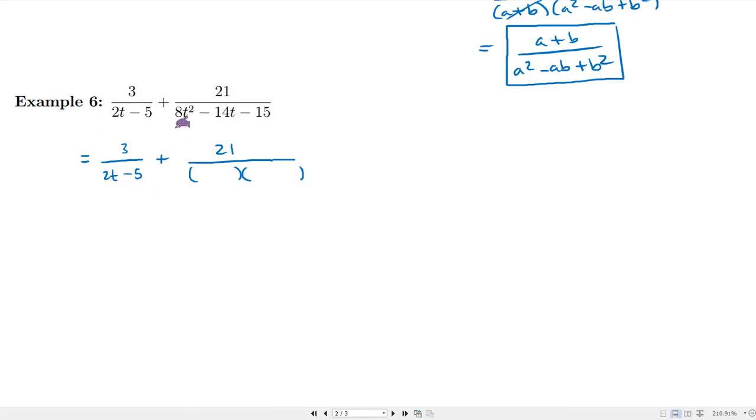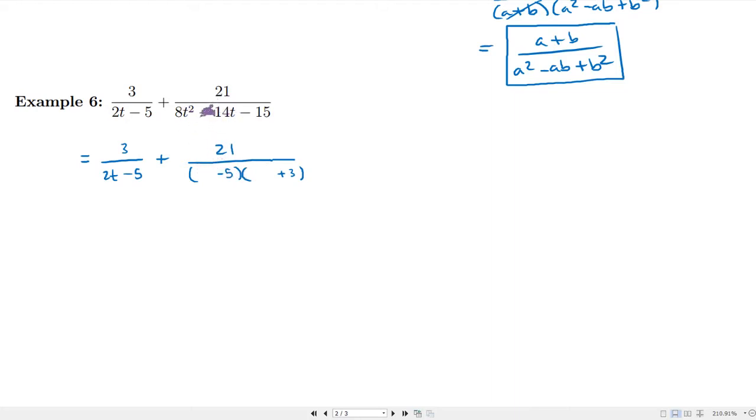trial and error, right? We can try to make the 8t squared and the final product of negative 15. Luckily, negative 15 doesn't have very many multiplicative possibilities, right? The factors of that are 5 and 3. And since we're getting a negative and a negative, probably the minus 5 and the plus 3 would be good choices. And then now we could try to make this work with the 8t squared.